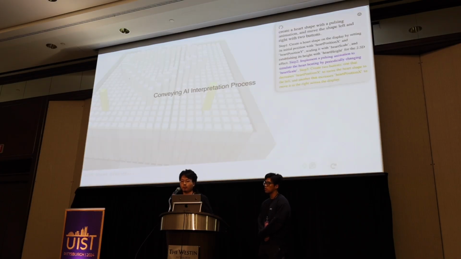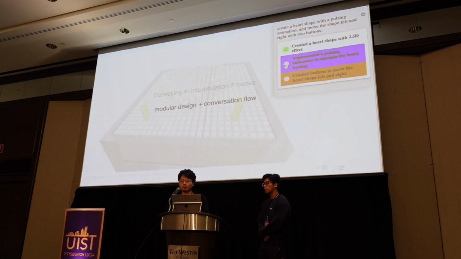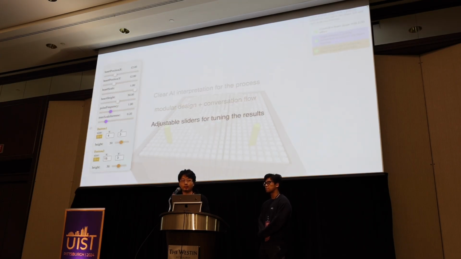First, while waiting for the generated results, we need to let the user know what's going on by displaying the task breakdown. Second, the primitive, animation, and interaction modules need to be modularly designed for flexible control, as well as conversational history enabled for future exploration. And lastly, the slider UI will allow users to fine-tune the generative shape-changing behavior in real time.